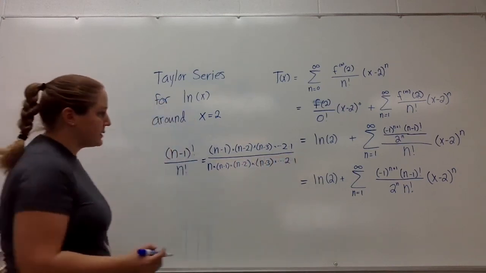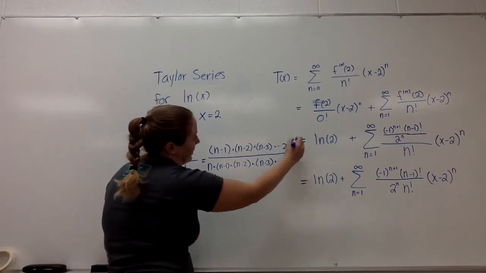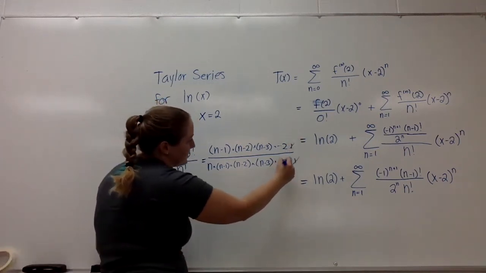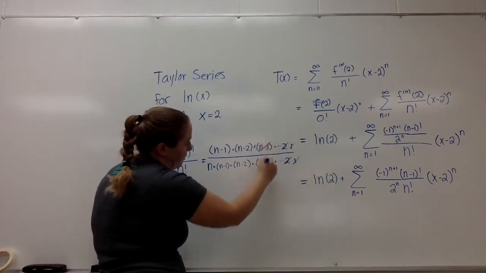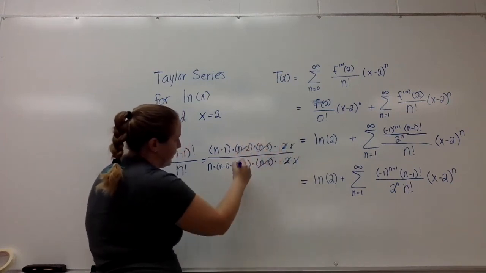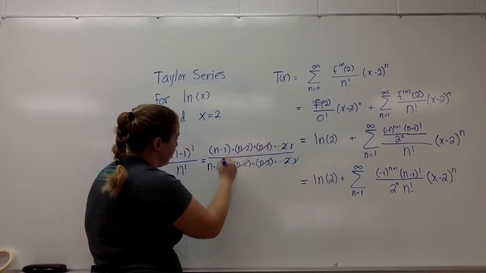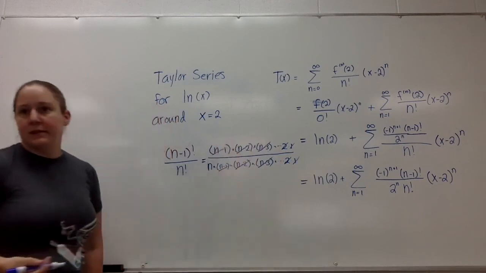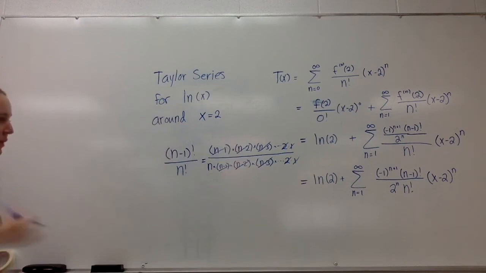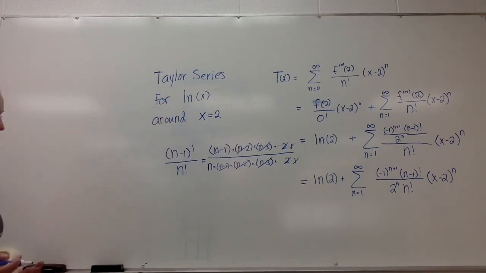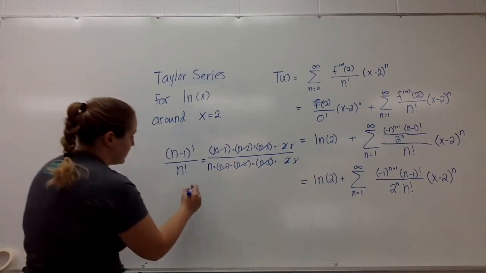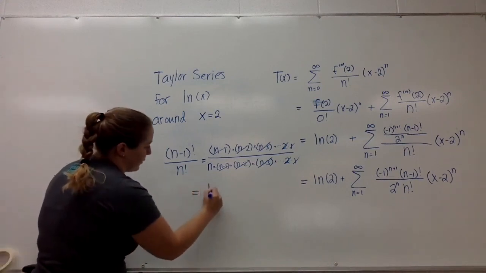If we look at what cancels here, the ones cancel, the 2's cancel, the 3's will cancel, it'll keep canceling all the way up. The n minus 3's cancel each other, n minus 2's cancel each other, and the n minus 1's cancel each other. So if we wrote out these factorials, everything cancels except for that n. So really this just becomes the same as 1 over n.